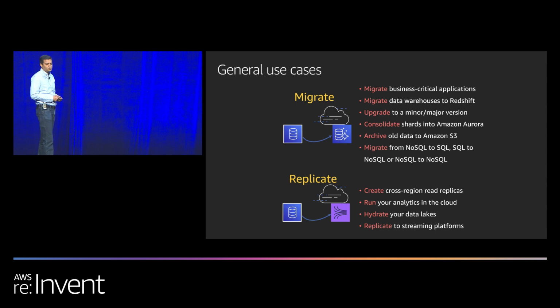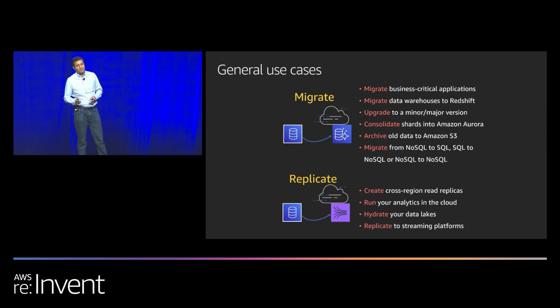DMS can also be used to upgrade to major or minor versions. Let's say you migrate from Oracle to RDS Redshift 9. Now you can use DMS, even within the cloud, to upgrade to Redshift 10 using the DMS migration ability. It is also possible to consolidate shards into Amazon Aurora, and you can make use of the massively parallel log-based storage that is available with Aurora.